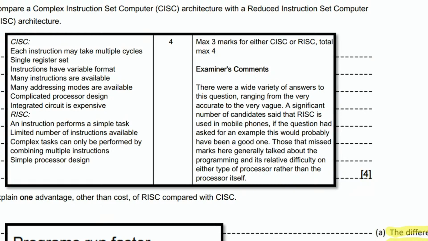versus RISC. Each instruction performs a simple task. Limited number of instructions, so a smaller instruction set. Complex tasks can only be performed by combining multiple instructions. So the example of multiply that we were talking about earlier: in a CISC, you might have one instruction called multiply. In a RISC, that will happen by combining multiple adds in a loop together, or potentially logical shifting, and it means a simpler design.